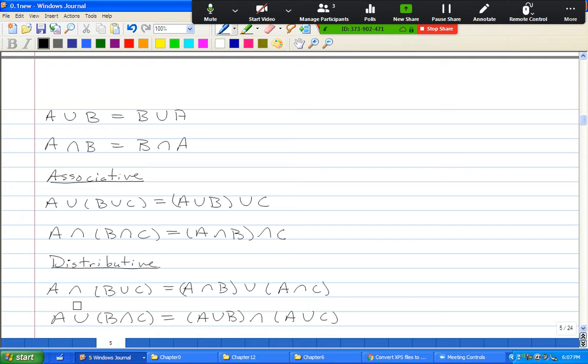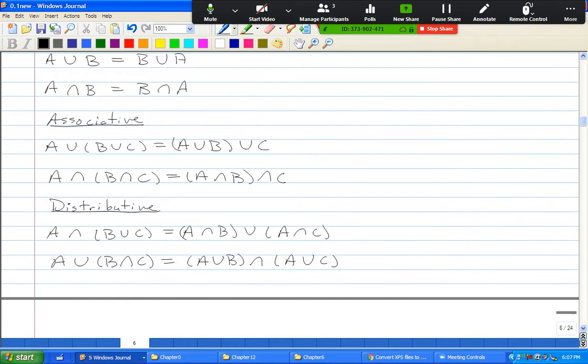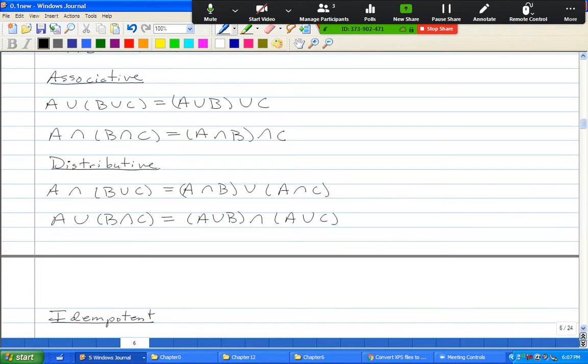Similarly, union distributes over intersection. So A union (B intersect C) is the same as (A union B) intersect (A union C). So these all look very similar to what you have seen with numbers.